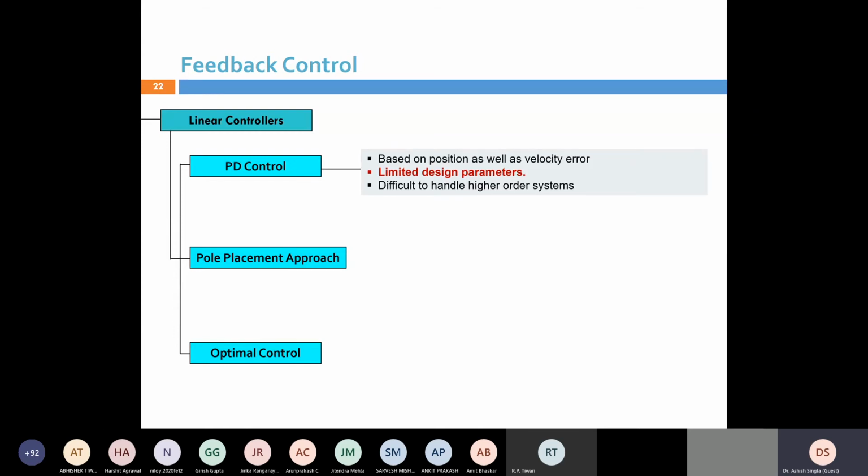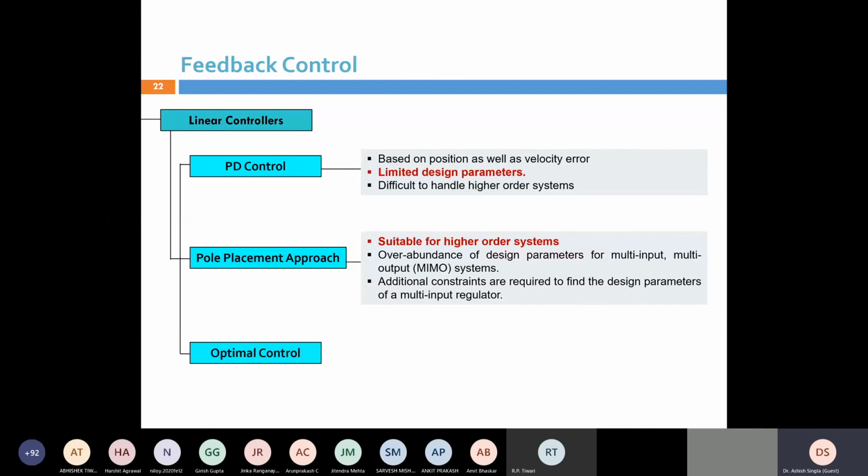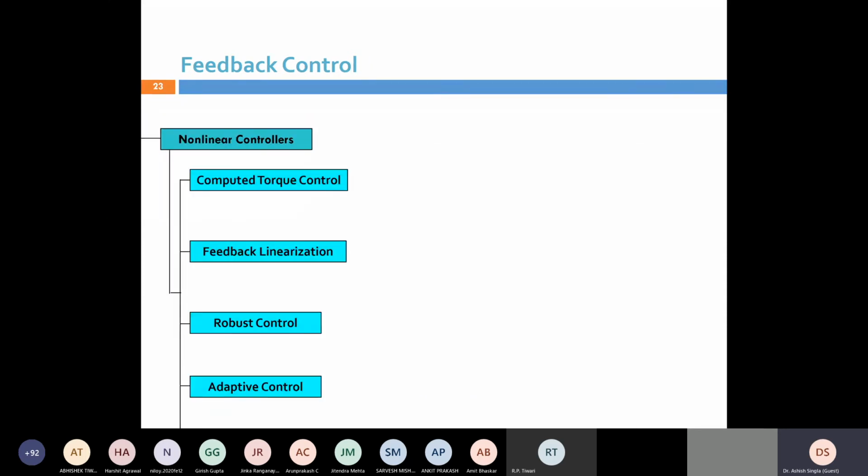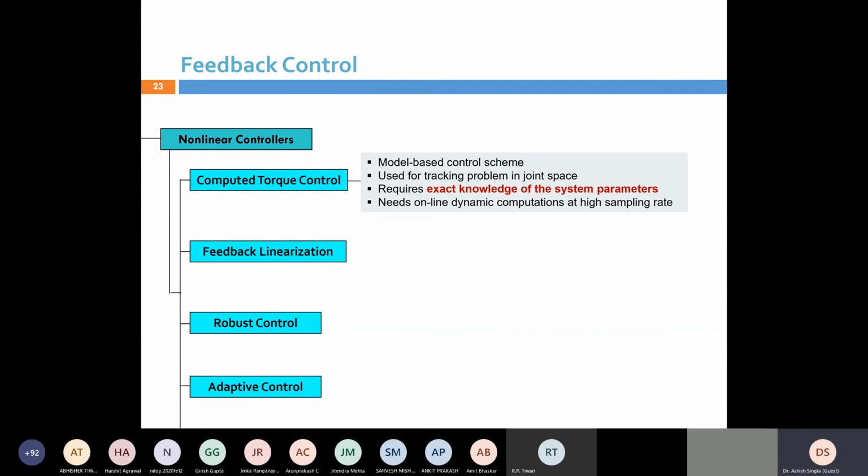PD control has limited design parameters, which can be taken care of by a suitable placement of the poles using the pole placement technique. And then under optimal control, we get the control strategy which will help in getting the optimal parameters. Then under non-linear controllers, we have torque control, which requires exact knowledge of the system parameters.